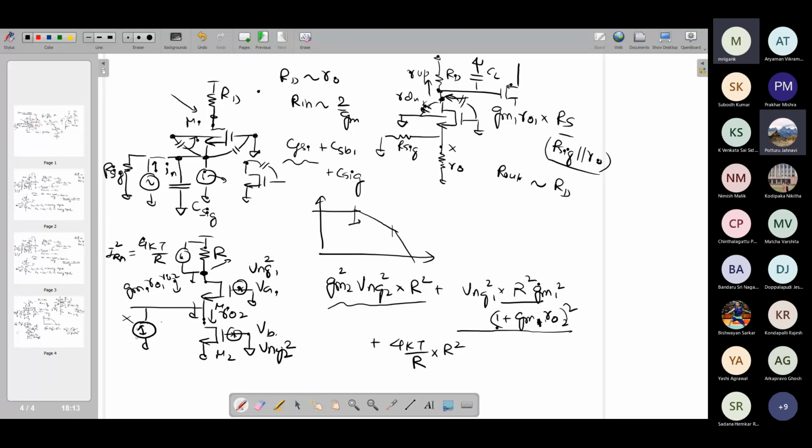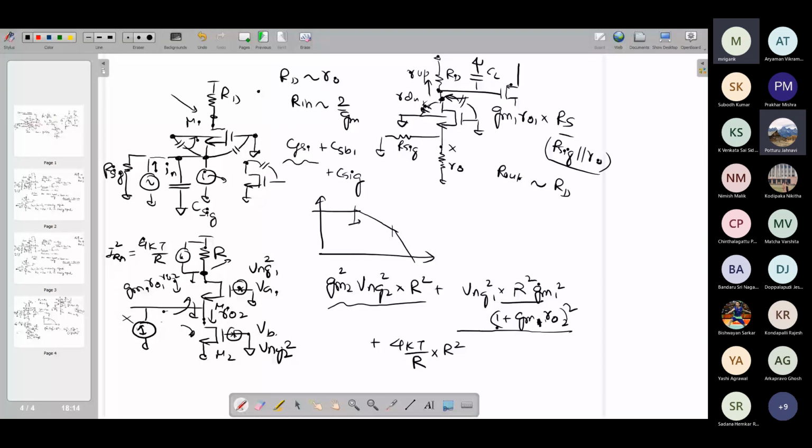It's simply R square, right? So the gain from input current to output is simply R square, because if I assume that this RO is much larger and the input impedance here is approximately 1 upon GM, and R is smaller than RO, the entire current is going up, and therefore your output voltage is simply I times R. Therefore the gain is simply R square.